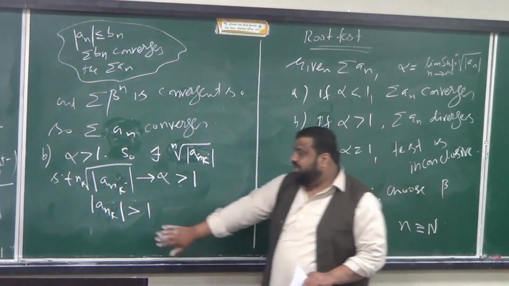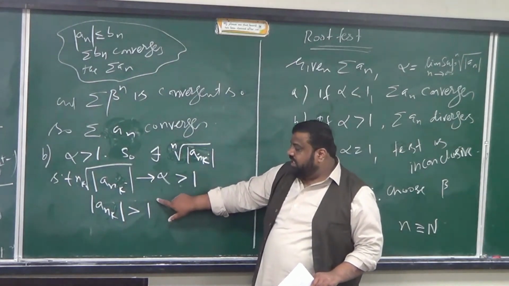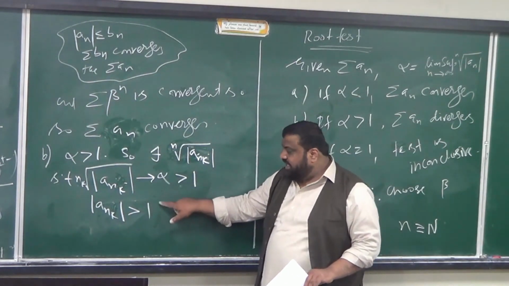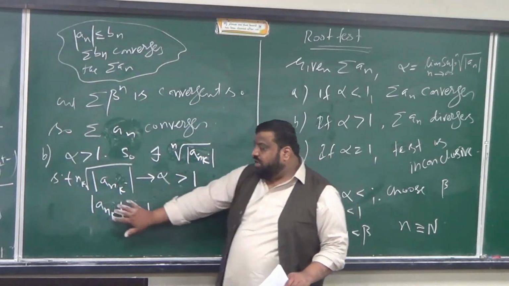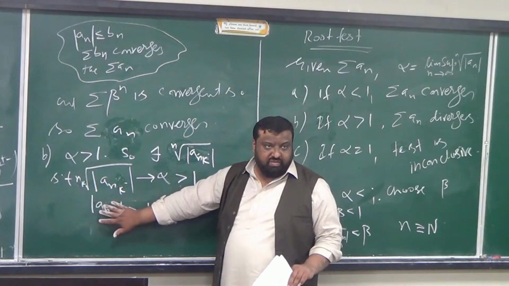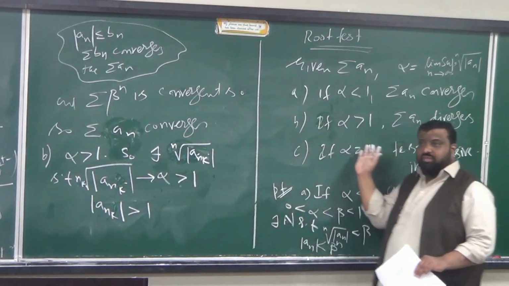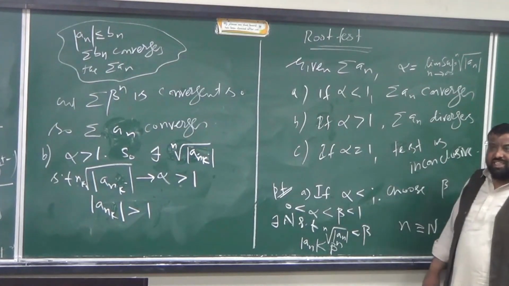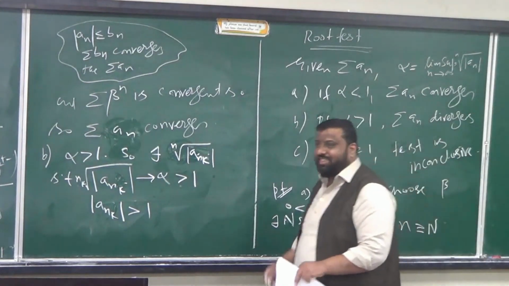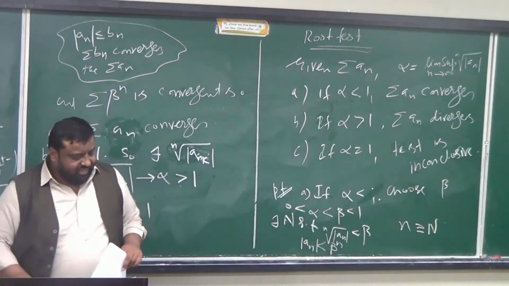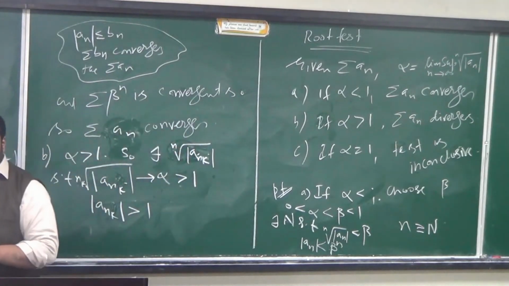So what we are saying is that since the a_{n_k}'s are bigger than 1, the series made up by 1 plus 1 plus 1 plus 1 diverges. So therefore this series is also going to diverge. So if this is diverging, that's what you wanted actually. There's a subsequence diverging, so the parent must diverge actually. How can a parent sequence converge and a subsequence diverge? Okay, that makes sense.